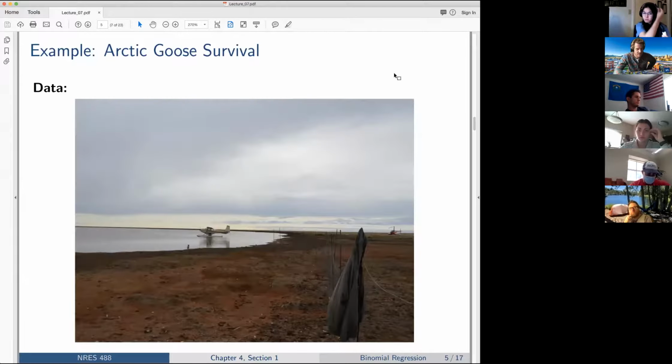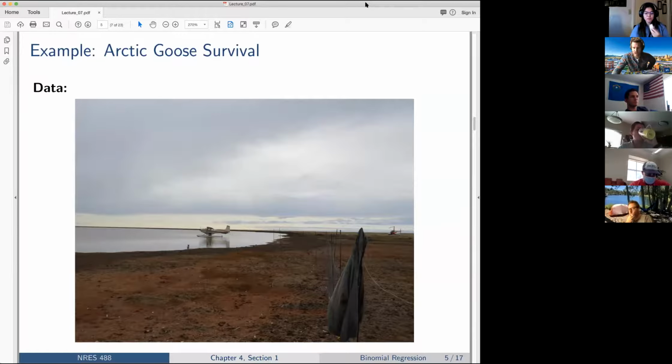So how do we get that data? Well, we go up to Alaska, way up on the north slope of Alaska, Teshekpuk Bay. It's a big oil area. This area is actually protected because the geese come here in about June, July to molt.